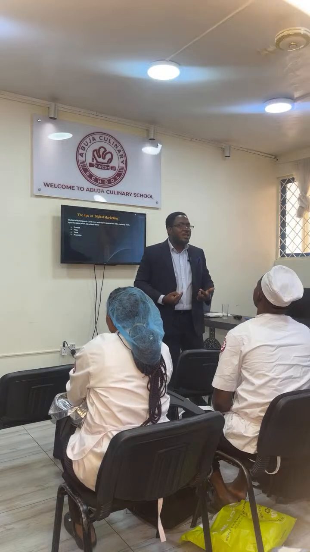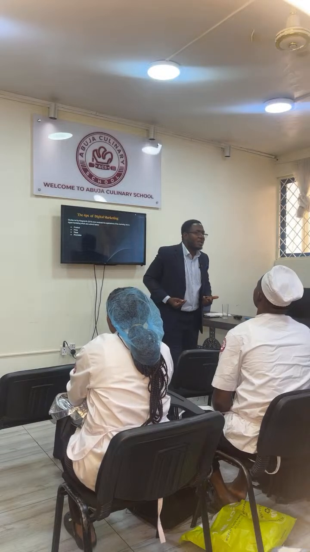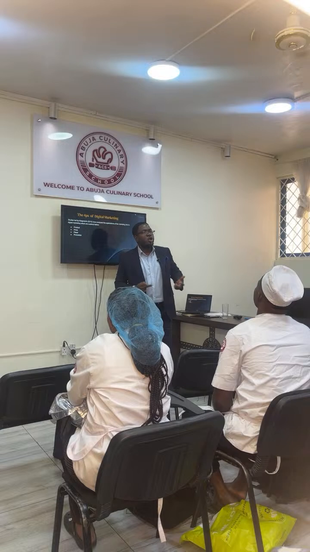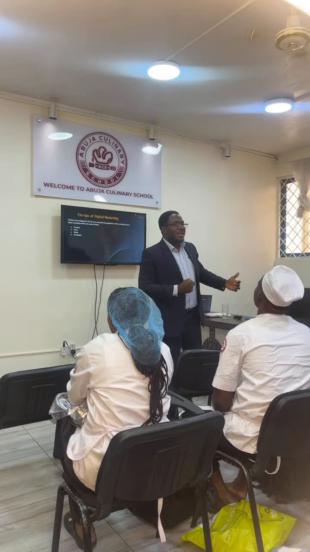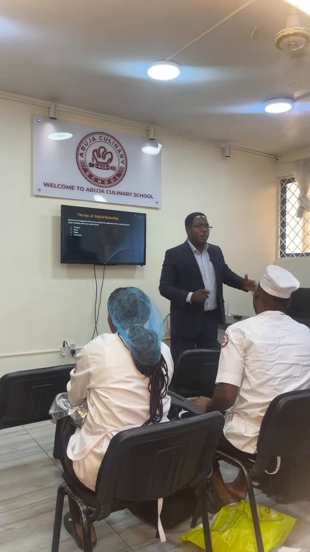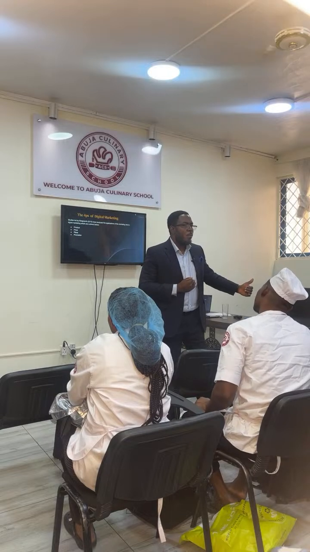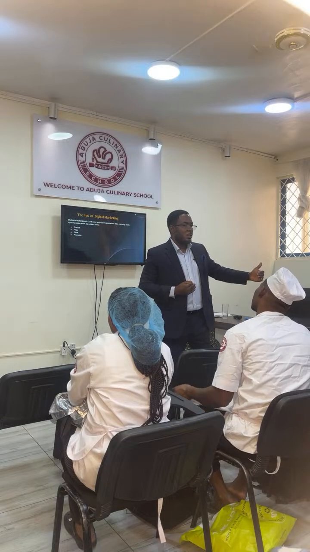So you can now say, okay, this is my product that I'm creating. I want to create a product that is unique to a particular group of people. Now, who are those people? Elderly people, people above 50.